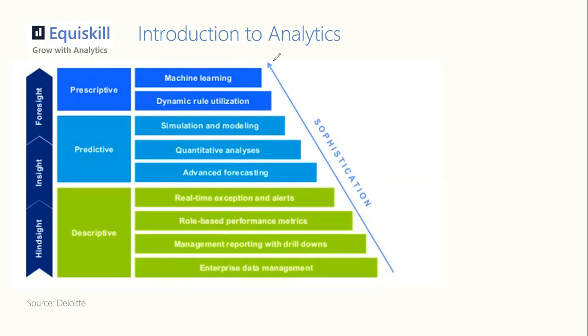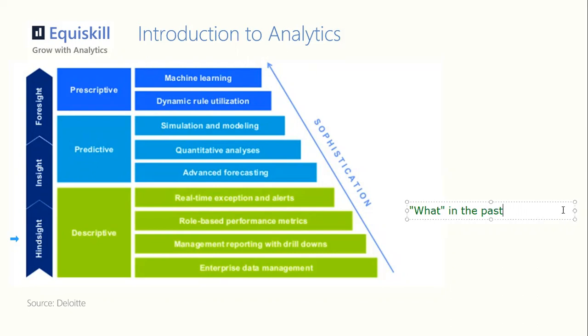As you can see here, descriptive analytics has the word hindsight on the left-hand side, which means looking at the past. So descriptive analytics is very often about understanding what has happened in the past. If I were to take one word, it would be what: what happened or occurred in the past.